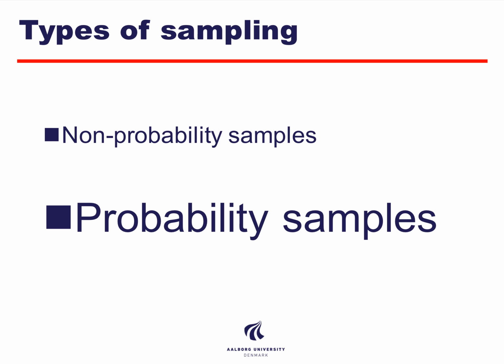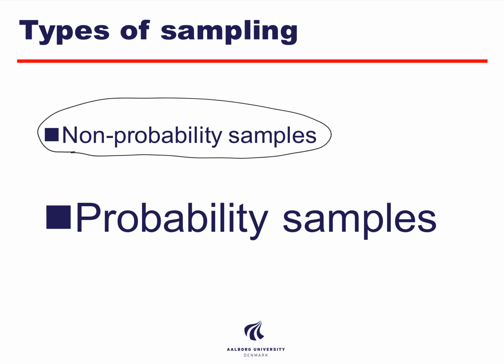And overall, we have two different types of samples. We have non-probability samples, what you would normally call a convenience sample. When you ask around your department and the 10 closest PhD students are the ones you want to include in your research, that's a non-probability sample. They're chosen by you.